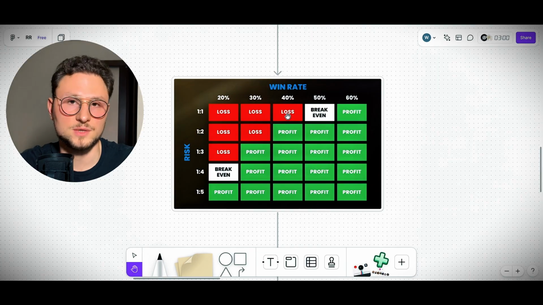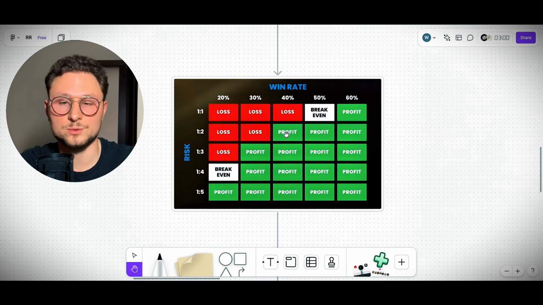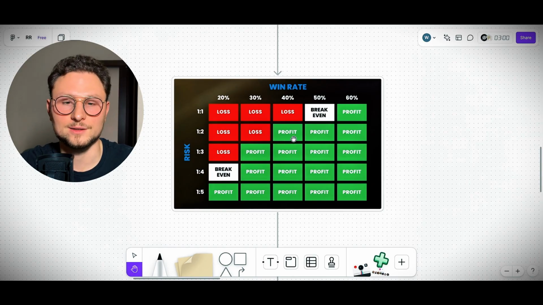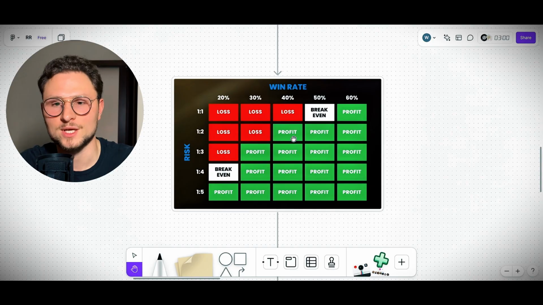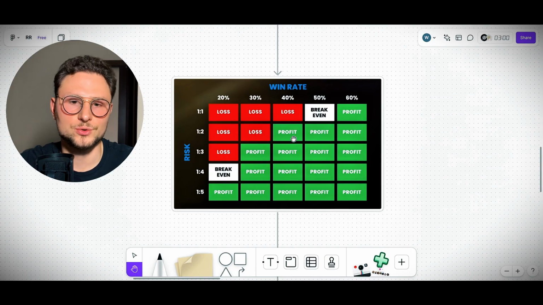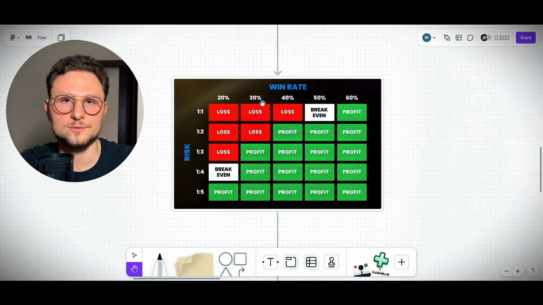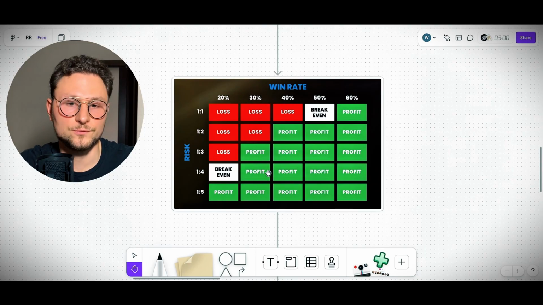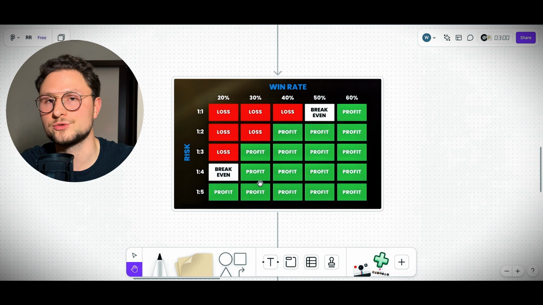But if the RR is 1 to 2, we have a good chance to have enough money to buy bread and butter and not die starving. If we take, for example, a strategy with only 30% win rate, it is enough to have 1/3 or even 1/4 RR to bring profit to your home.